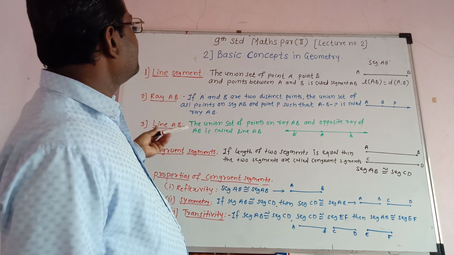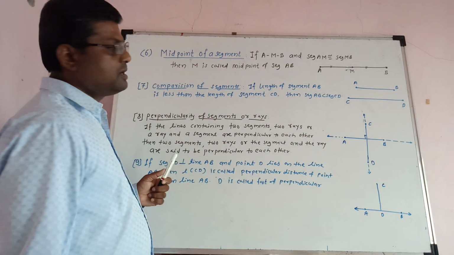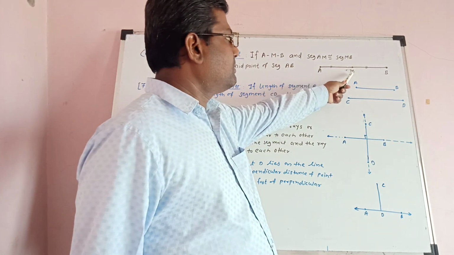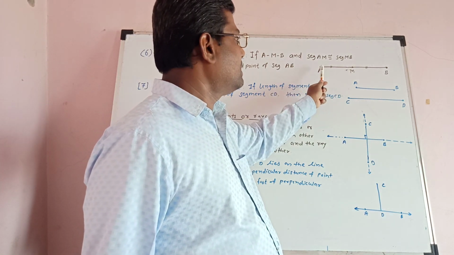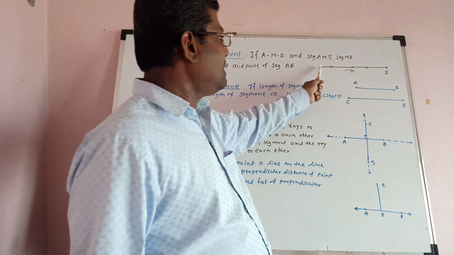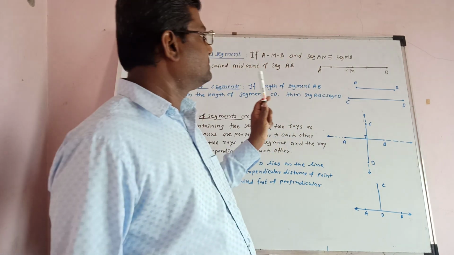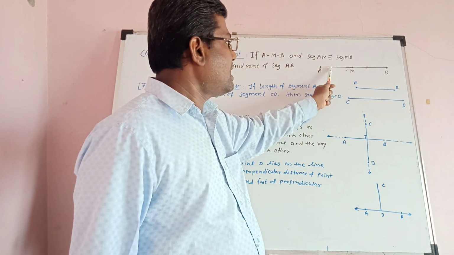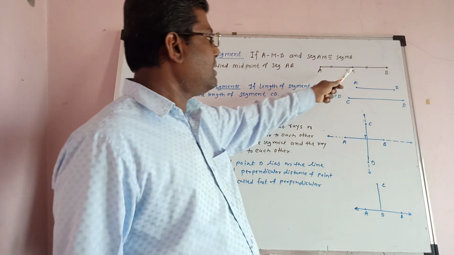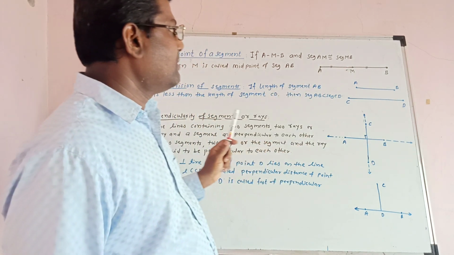Now let's see the next points. Number 6, midpoint of a segment. If point M is in between points A and B, that is A-M-B, and AM is equal to MB, then point M is called the midpoint of segment AB.